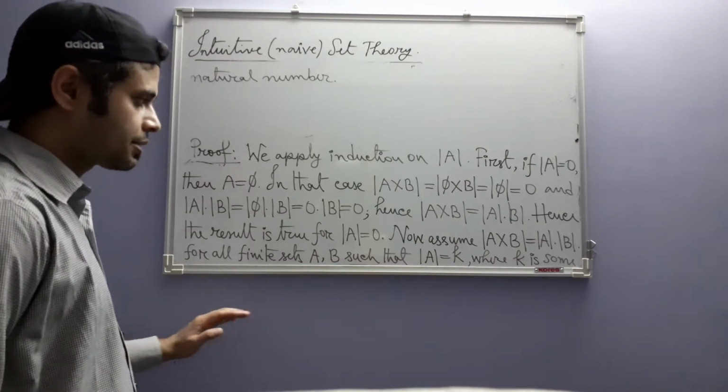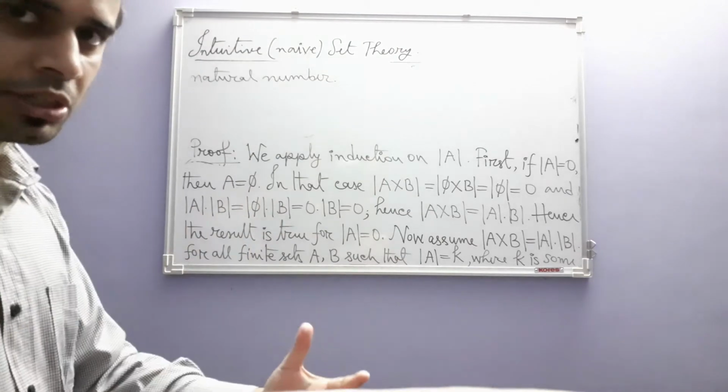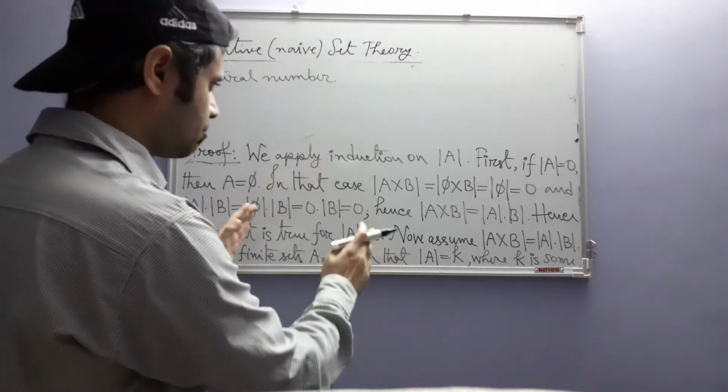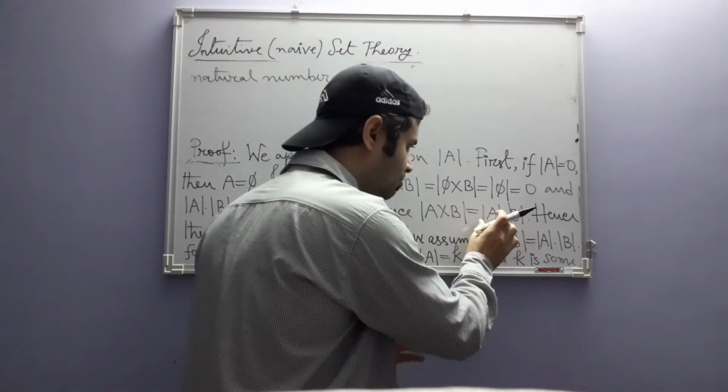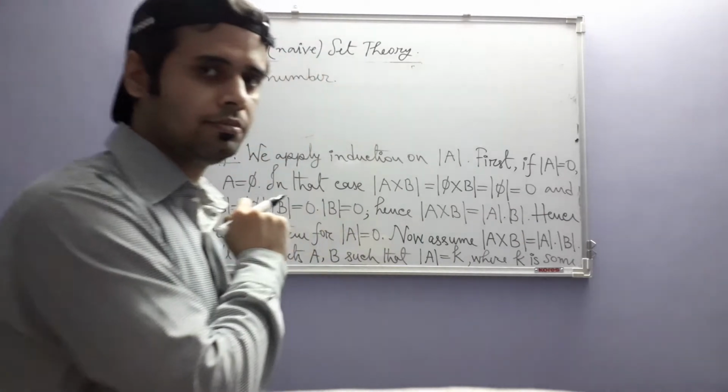So this is our induction hypothesis, which we are assuming to be true: that this formula is true whenever in place of this number we have k.